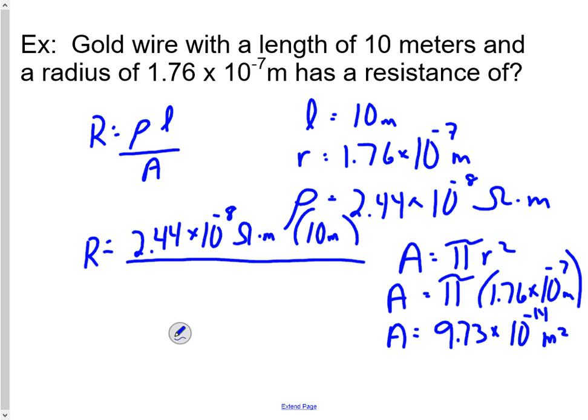So I'm going to put that into my equation. And after I calculate it, my answer ends up being R equals 2.5 times 10 to the 6th ohms.